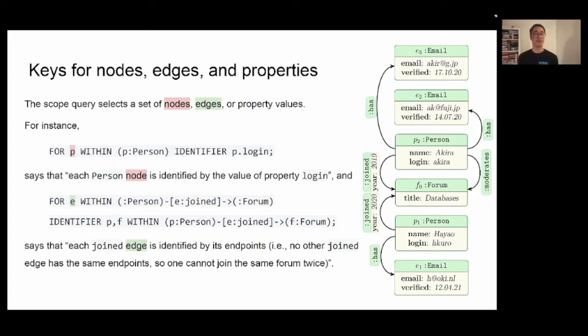In other words, no other joined edge has the same endpoints, so one cannot join the same forum twice. So here we're looking for those edges e, labeled join, from a node labeled person to a node labeled forum, and this edge is identified by the combination of the person node and the forum node.